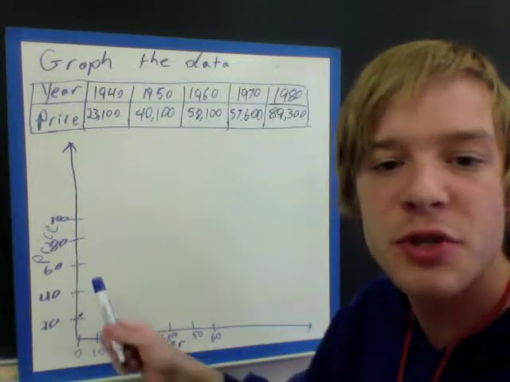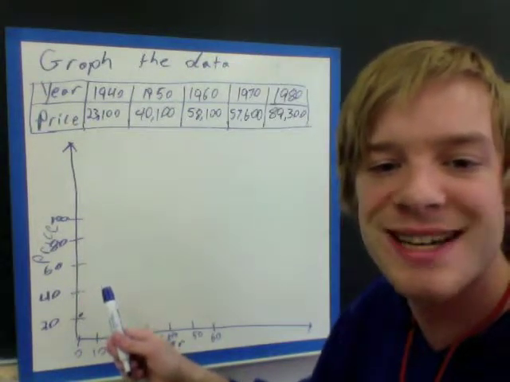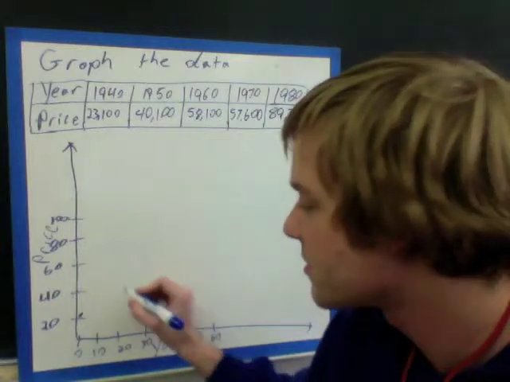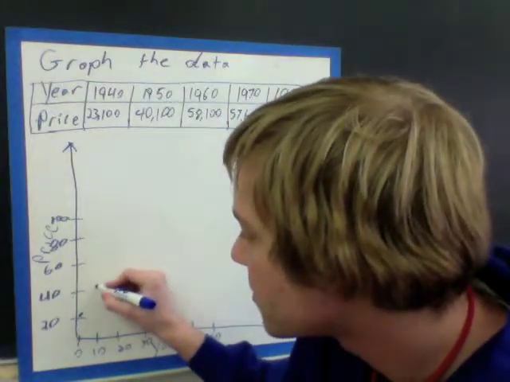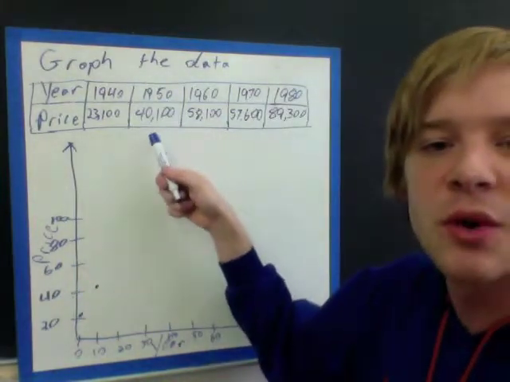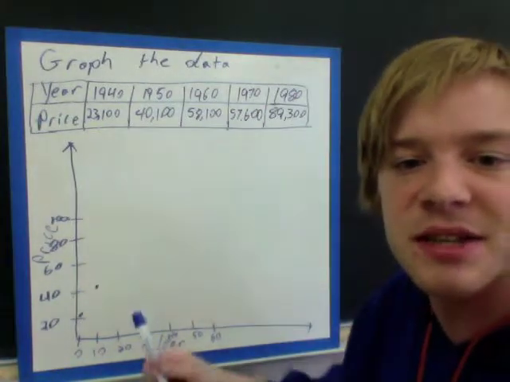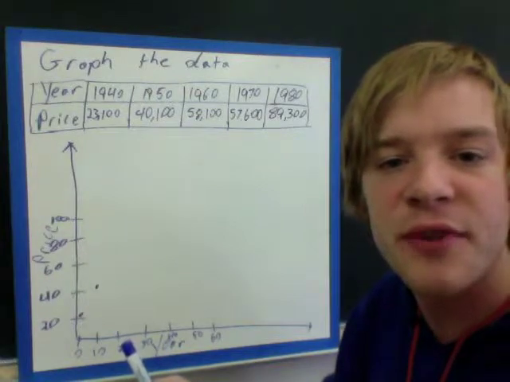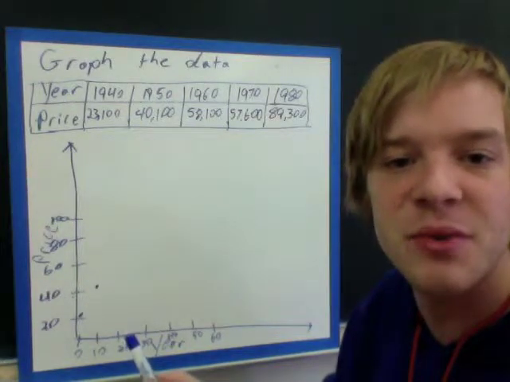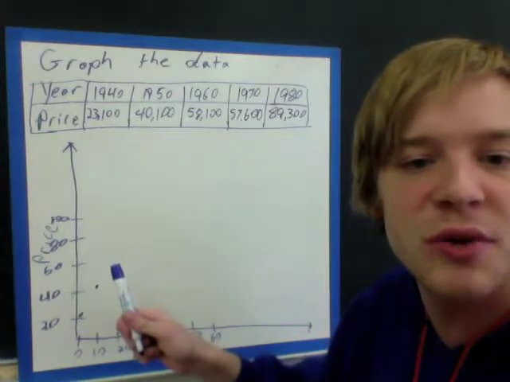I'm going to go up just a tiny little bit above 40,000, because we have 1950 with $40,100. Then we're going to move on to 1960. That's going to be our 20 year, and that's $58,100. That's just below the 60 there.